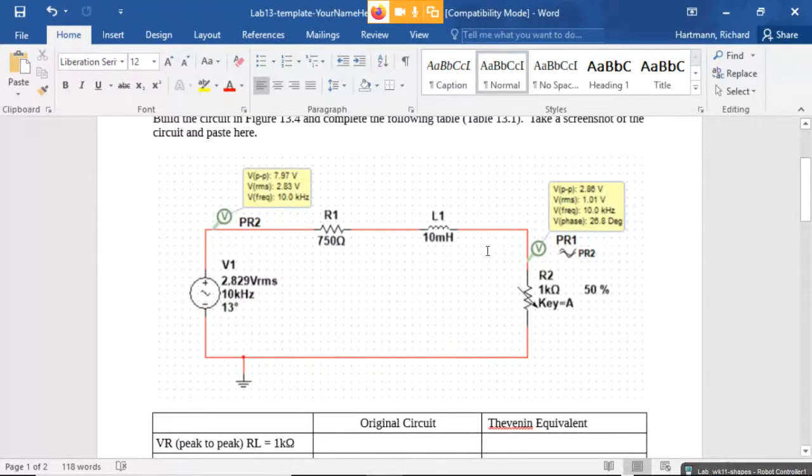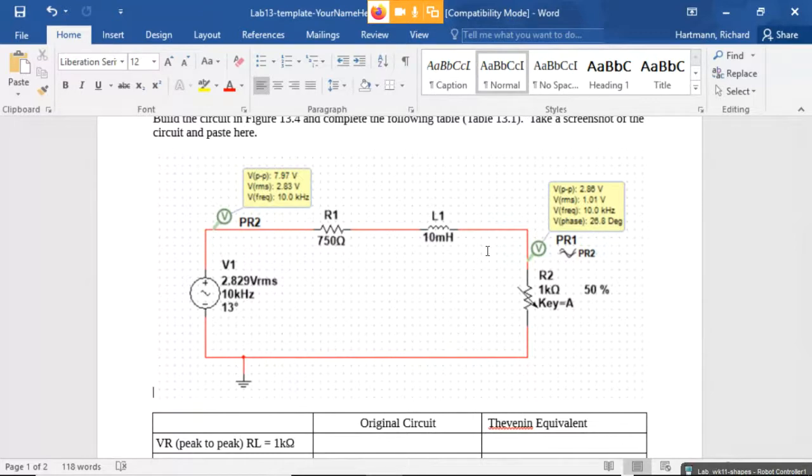Is there any questions about how to copy your circuit and paste it in there? Now there was a question whether you use the online version of Multisim or some other online version.